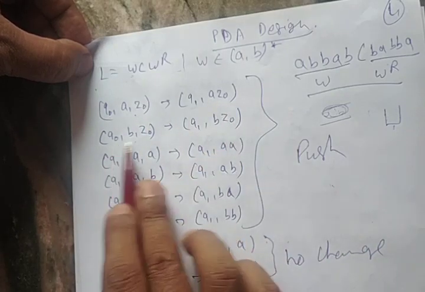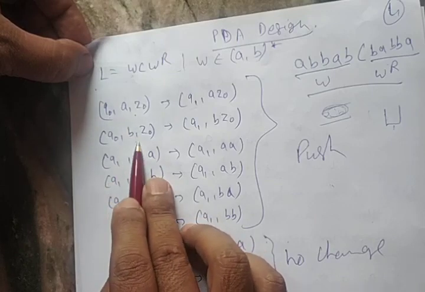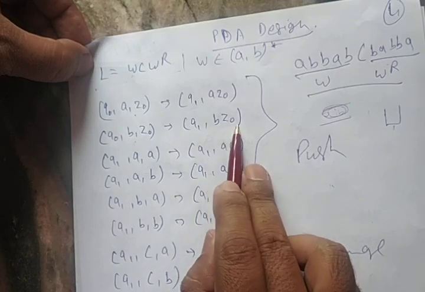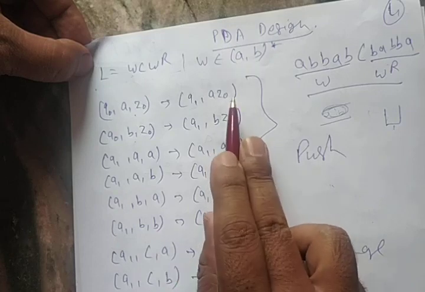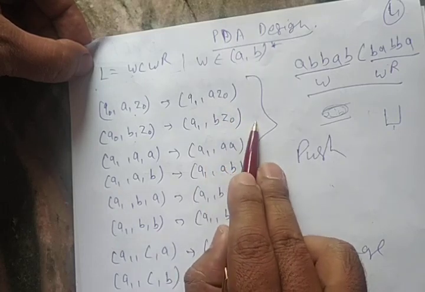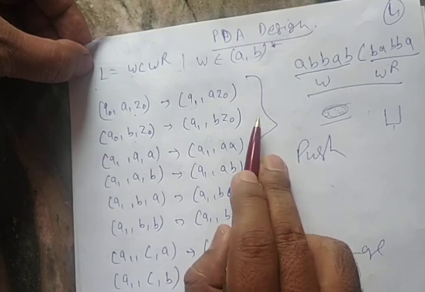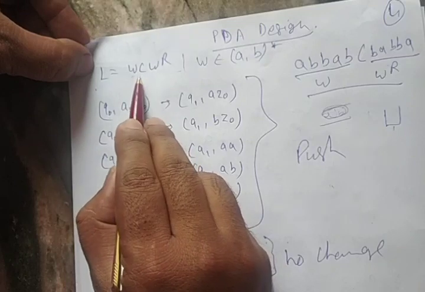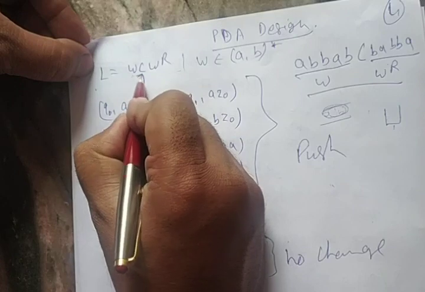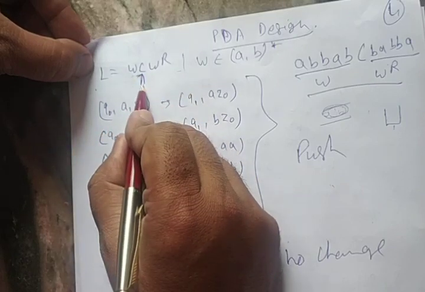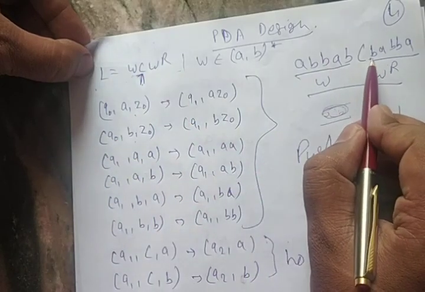Similarly, it might be possible that instead of A, my string starts with B. So I'll do the same thing, B Z0. Now, once one element is inserted into the stack, that can be either A or B, we need to perform insertion until we get C, because C is the marker which tells us that after C, we need to reverse it.